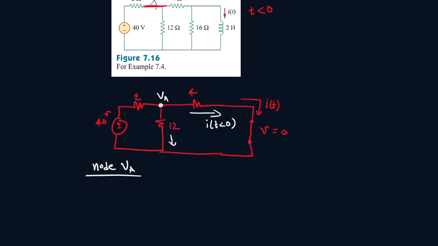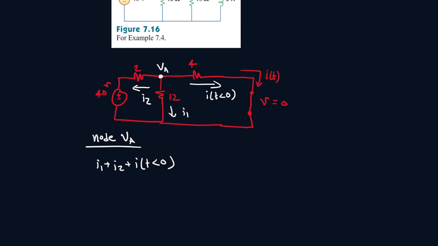There's a current passing through here and a current passing through here, so let's call this I1 and this I2. Actually, instead of saying that, let's call this I0. I think that would be much better. Okay, let's call it that.